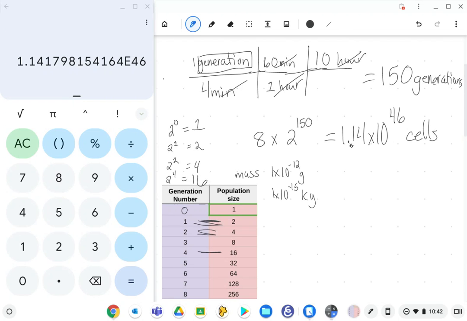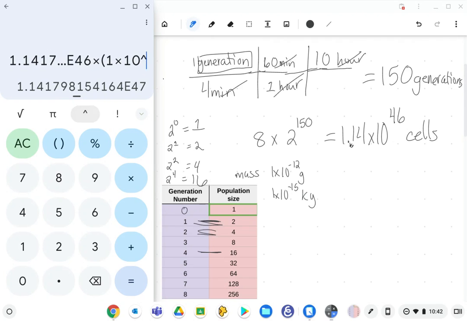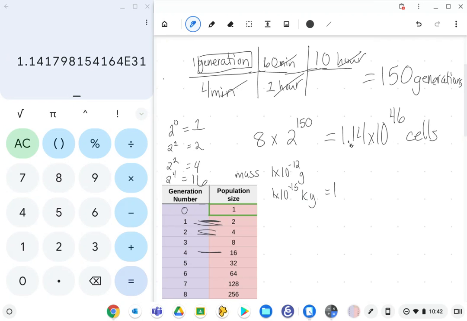If we multiply this number by that, so times 1 times 10 to the negative 15th power, we now have 1.14 times 10 to the 31st kilograms. That's the mass of those cells. That is 6 times the mass of the sun.